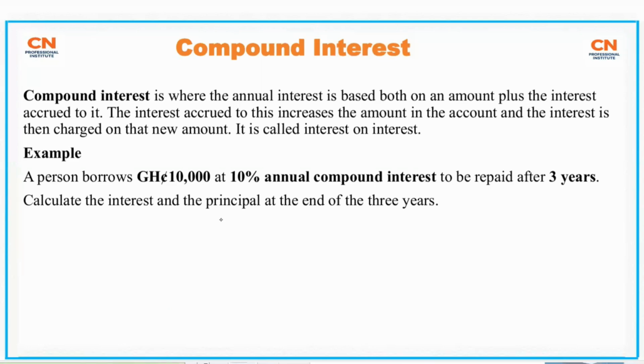Okay, that's why we said compound interest is where the annual interest is based on both the initial amount plus the interest accrued to it. This increases the amount in the account, and the interest is then charged on this new amount. This is called interest on interest. So as I said, the interest will earn interest and the principal will also earn interest.